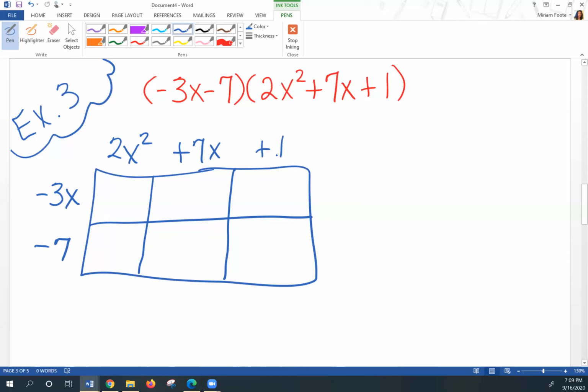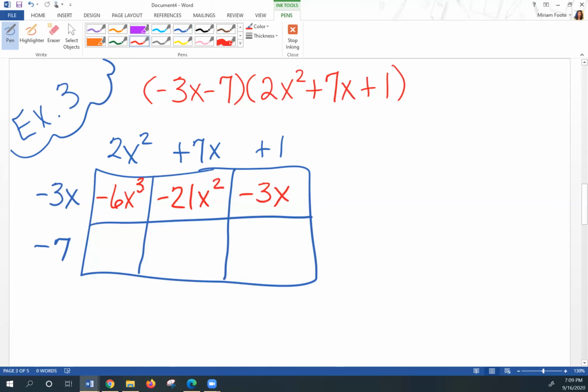When I do my math, I see that negative 3 times 2 is negative 6. X times x squared is x cubed. Pay attention to that because you're used to dealing with x squared, but sometimes it changes. Negative 3 times 7 is negative 21. X times x is x squared. Negative 3x times positive 1 is simply negative 3x.